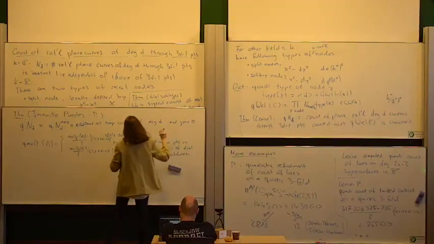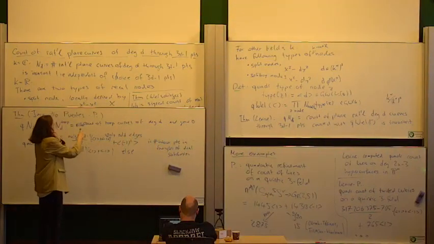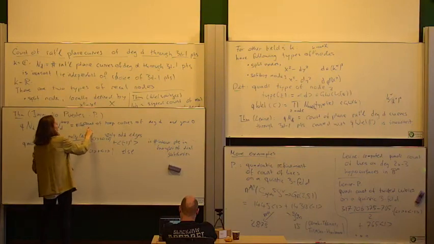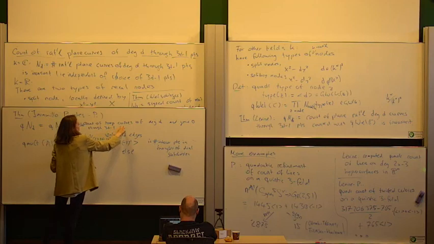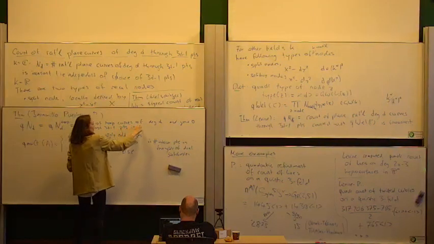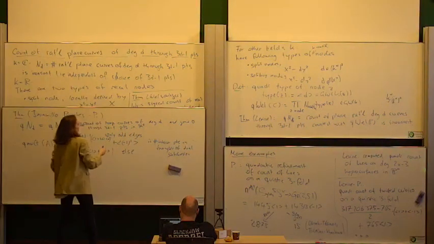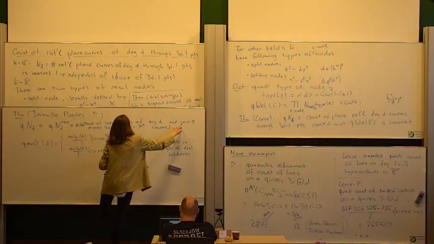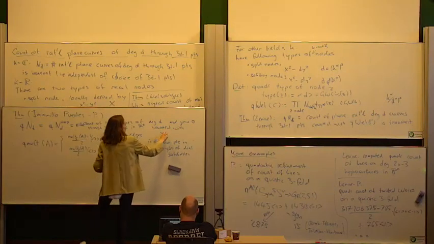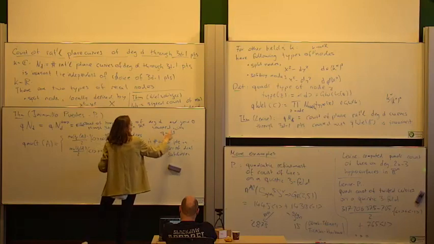Actually, this also works in higher genus. Through 3D minus 1 points in R2 in general position, counted with this quadratic multiplicity. So this is in GW.